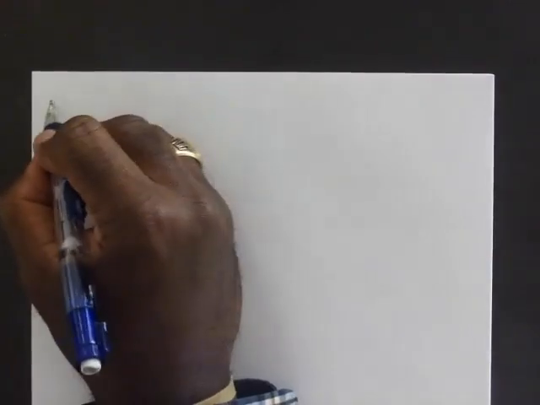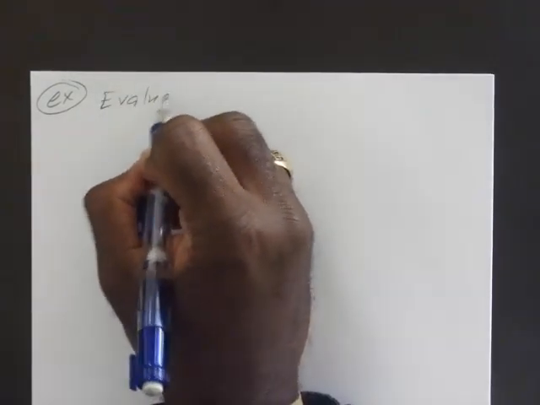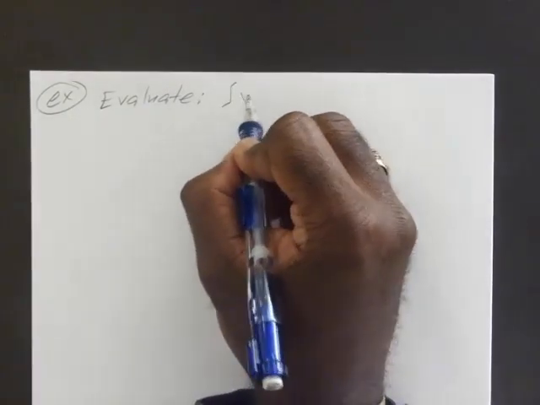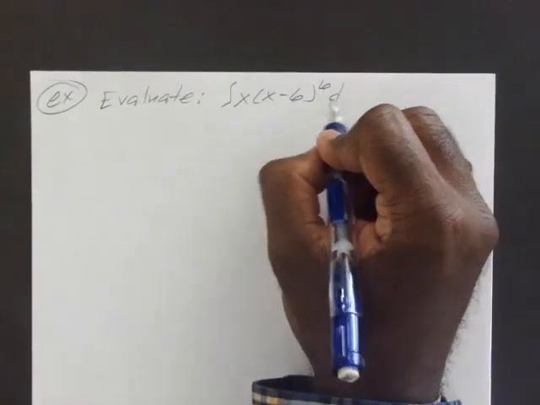All right. Now, the next one, it's going to be a problem that you're probably going to run across, and I'll show you how to handle it. What if we evaluate the integral of x times x minus 6 to the 6th power with respect to x?